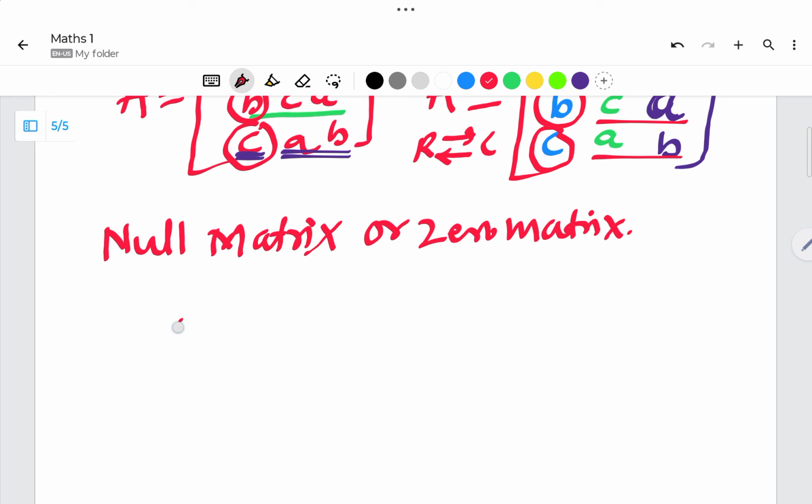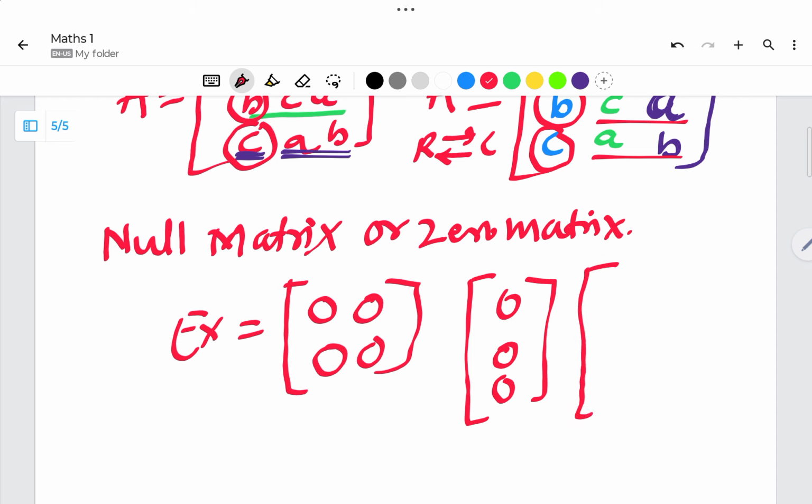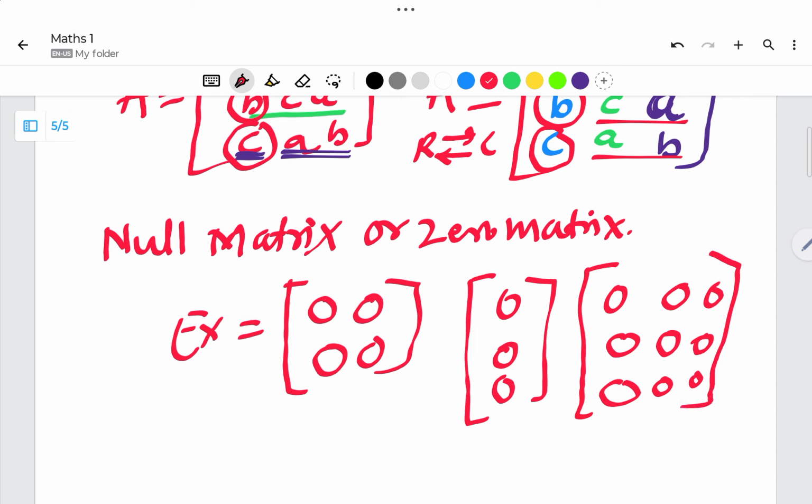Example, if I write 0 0, 0 0, all are 0, then it is called a null matrix. If I write 0 0 0, this is a null matrix. If I write 0 0 0, 0 0 0, 0 0 0, this is called a null matrix.